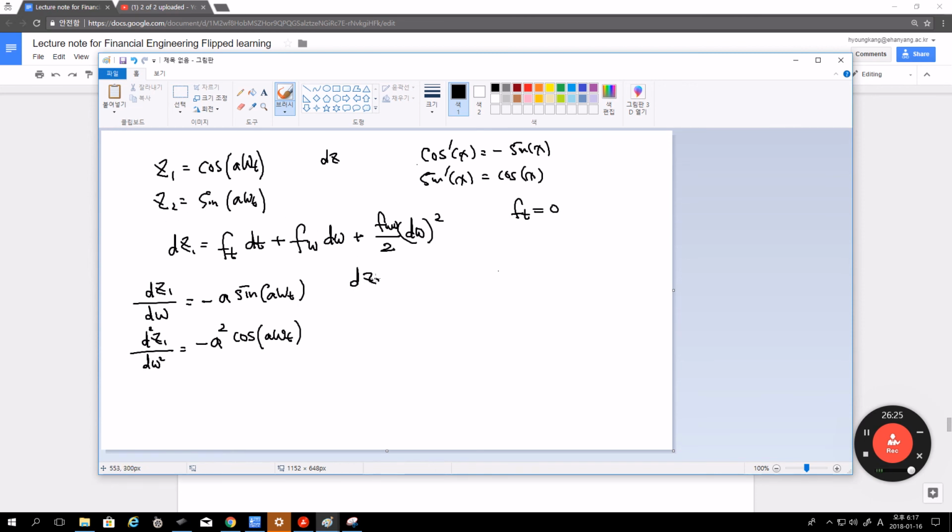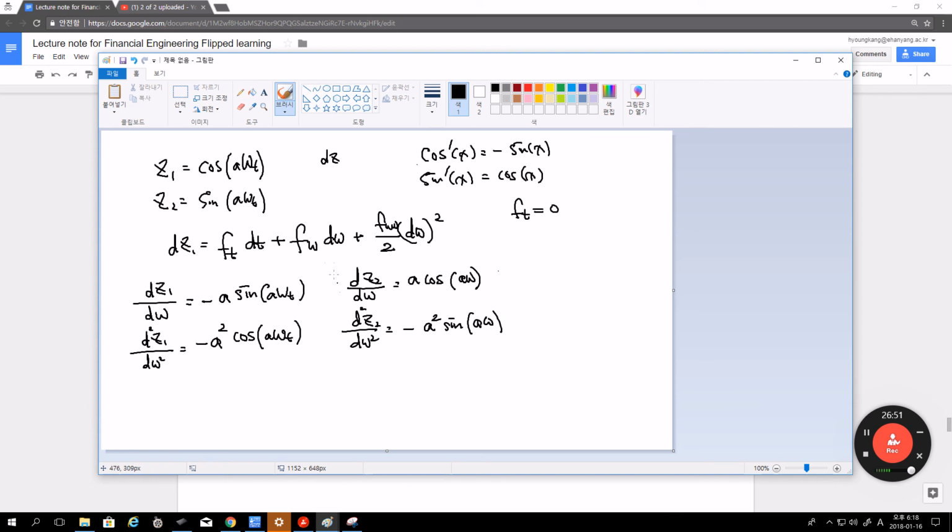The derivative of z2 with respect to w is sine, so it is a cosine aw, and if we take the derivative again, this is now minus a square sine aw, right?